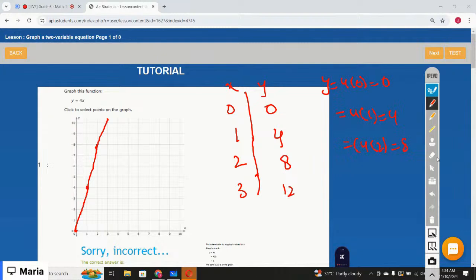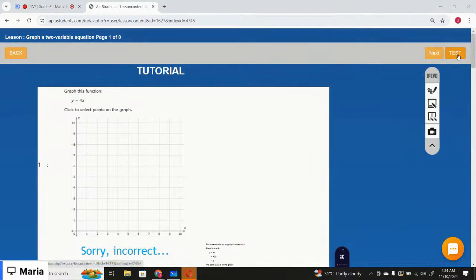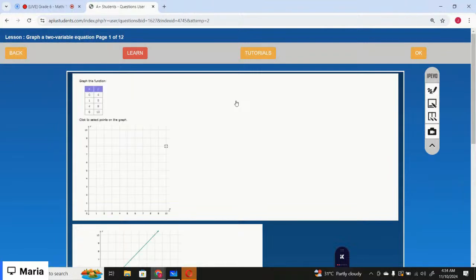Okay, let's just start with the test questions. Okay, graph the function.